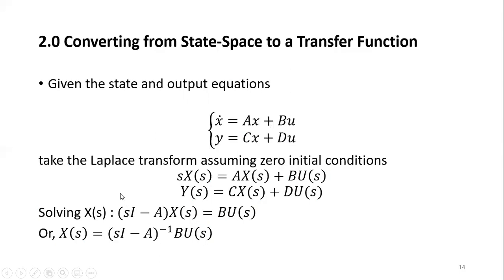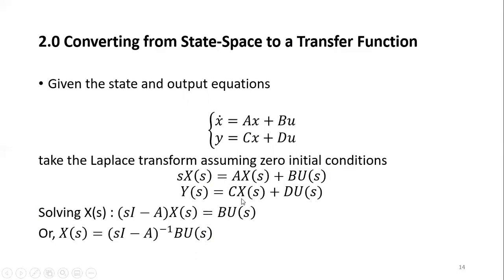The first step is to transform the state equations into the Laplace domain, assuming zero initial conditions. So sX(s) equals A times X(s) plus B times U, and the output Y equals C times X(s) plus D times U.